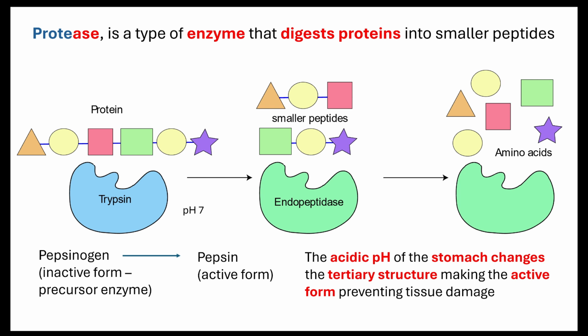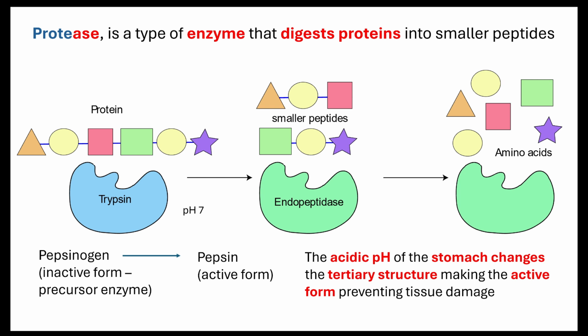Well, the cells that produce pepsin actually produce it in an inactive form, what's known as a precursor enzyme. So it's called pepsinogen when it is inside the cell and in its inactive form.